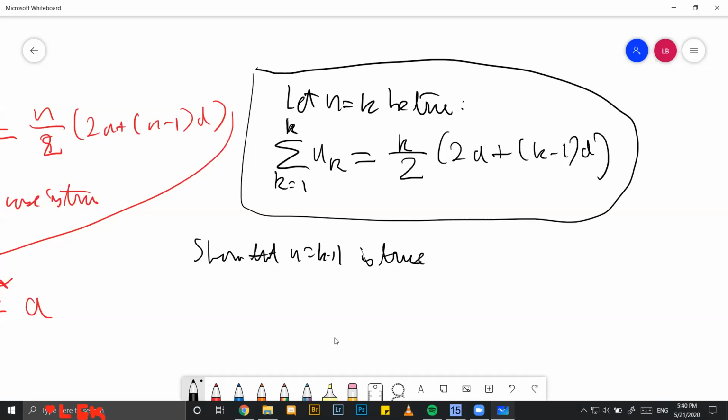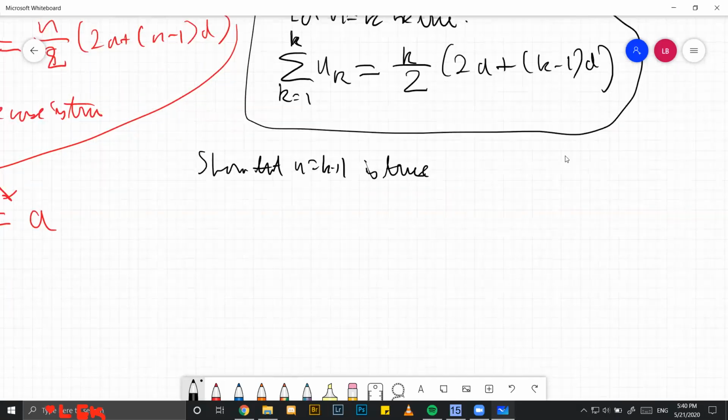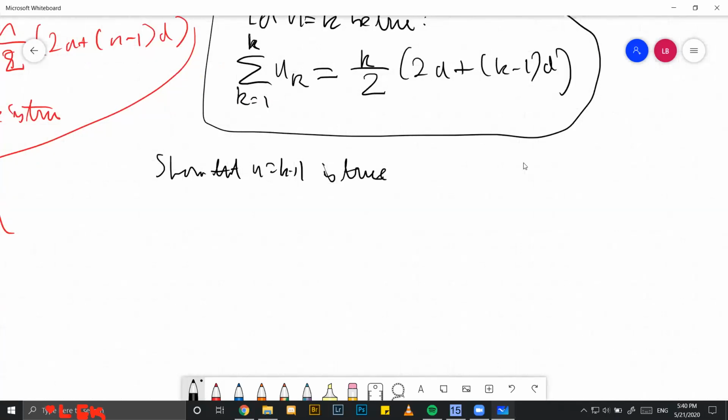And how do you do that? What you want to show as the end result is that the sum from k equals 1 up until k plus 1 of u k is equal to k plus 1 over 2 times 2a plus k plus 1 minus 1 times d. We're replacing all the k's with k plus 1s.